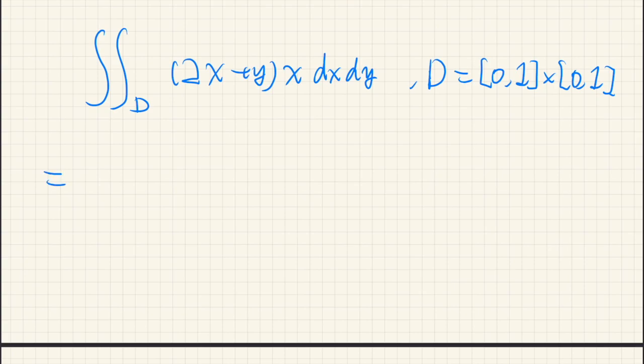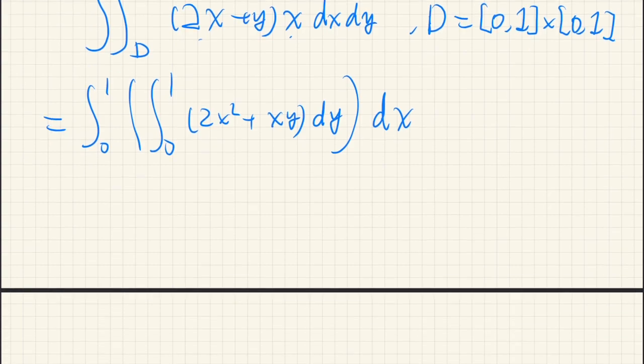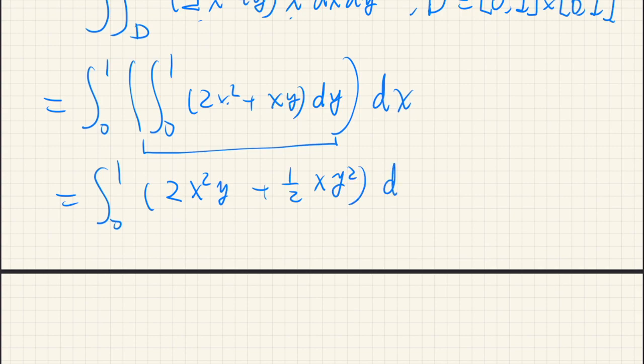First, let's integrate with respect to y, from 0 to 1, and distribute: 2x squared plus xy, dy first and then dx. So first calculate this part. There is no y in the first term, so we get 2x squared y plus 1 over 2 x y squared, from 0 to 1.